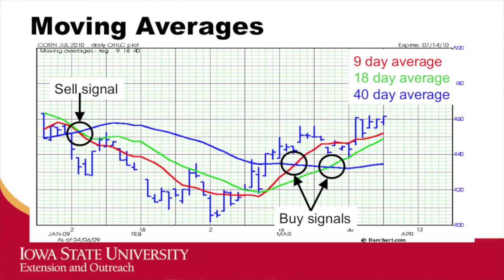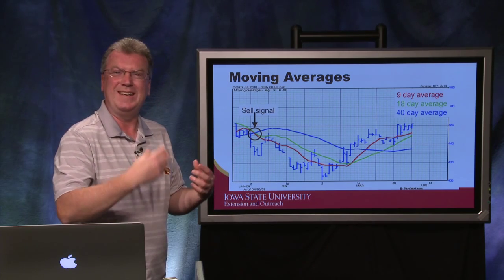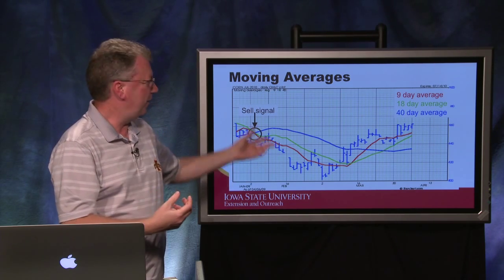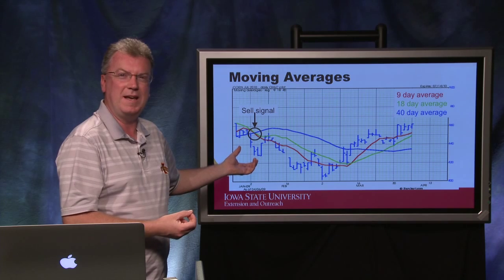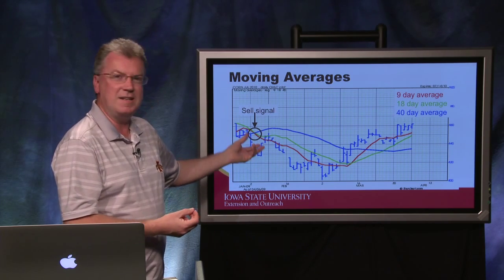And what you look for here are when these moving average lines cross. In this case I've got a 9, an 18, and a 40-day average moving price in this graph.